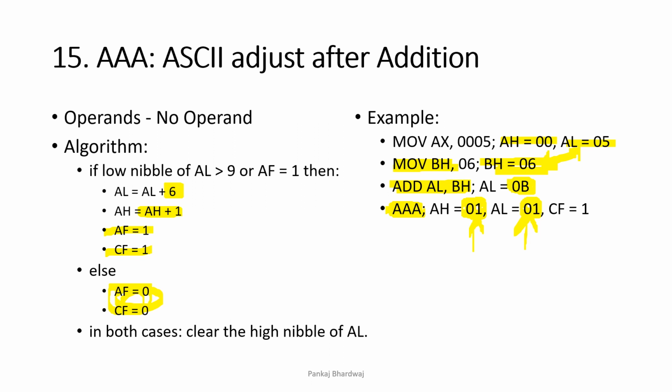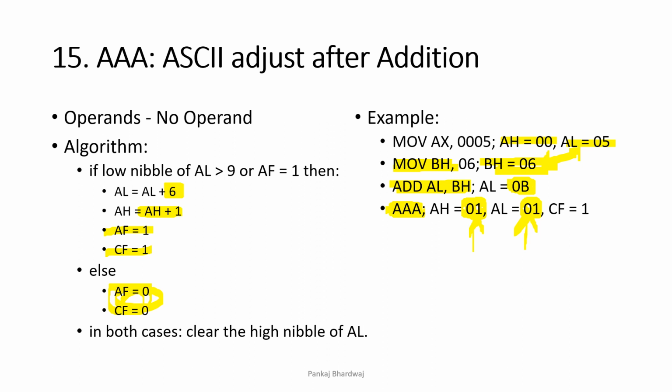Clear? And carry flag is set because if we add 6 to 0B, we need to have a carry. That is why we have changed the value of the carry flag, right?